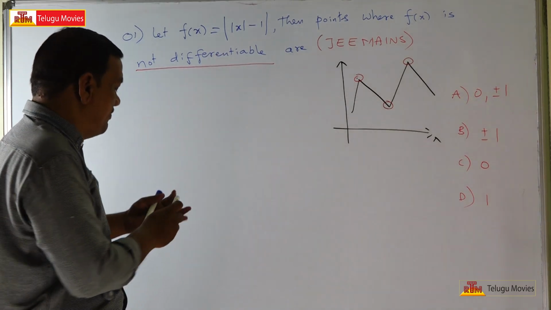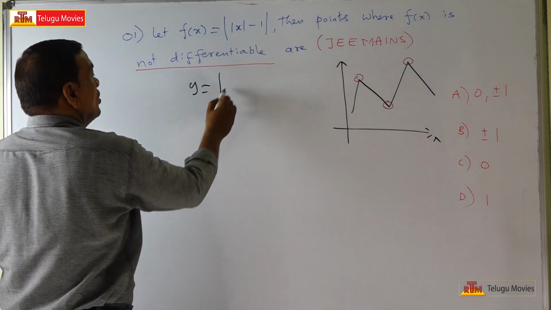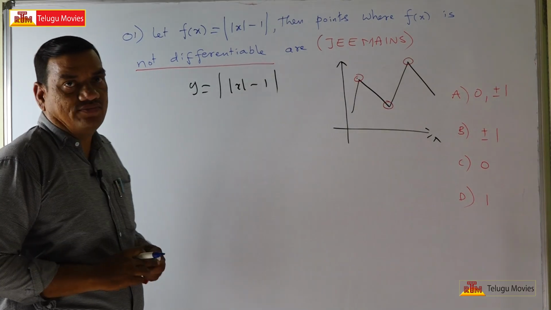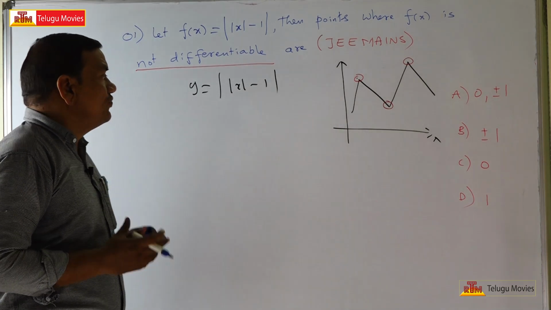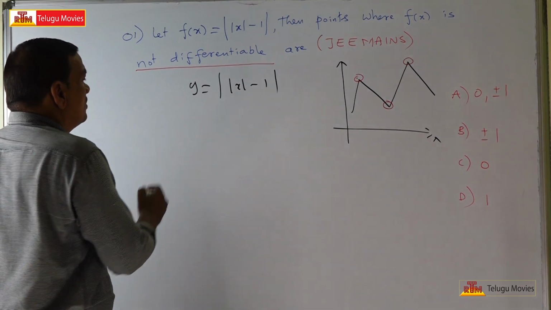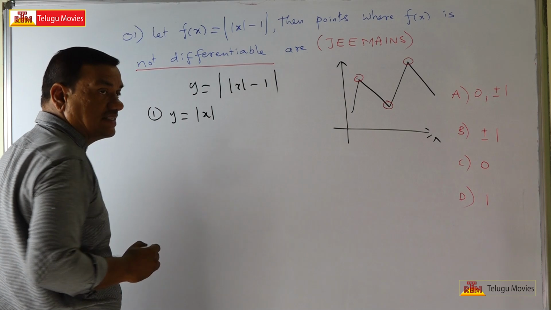Now coming to the given problem, here y is equal to modulus of x minus 1. Try to draw the graph for this problem. To draw this graph, there are three steps. First, draw the graph of y is equal to modulus of x.